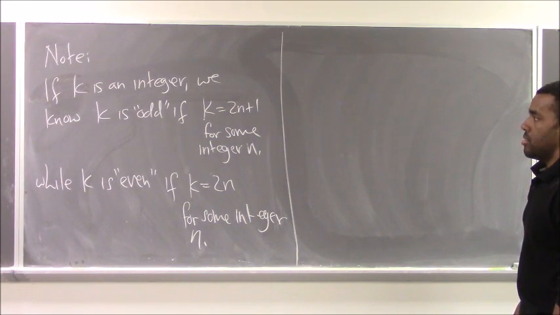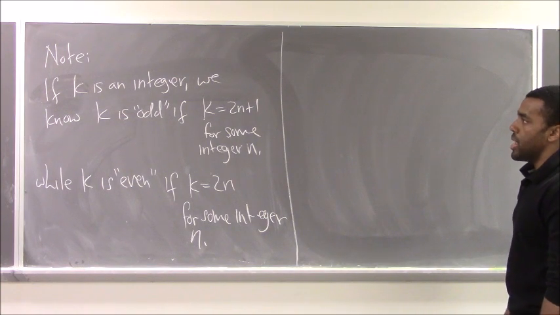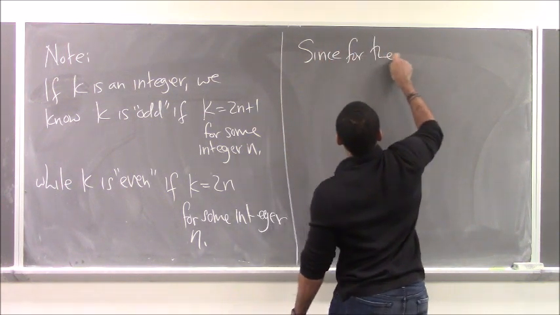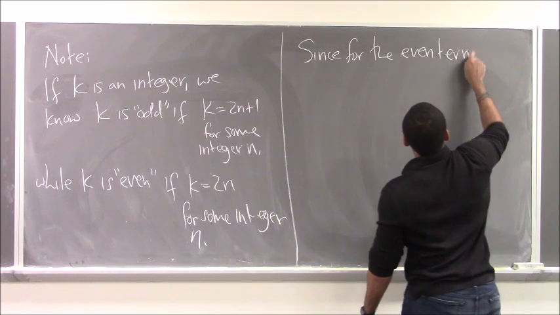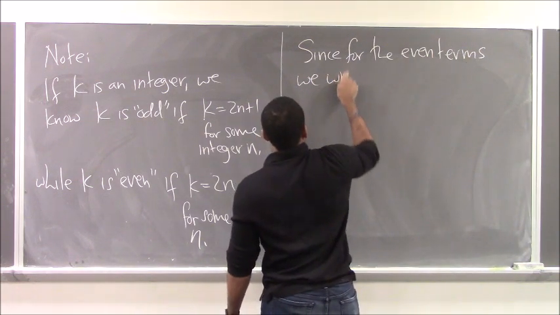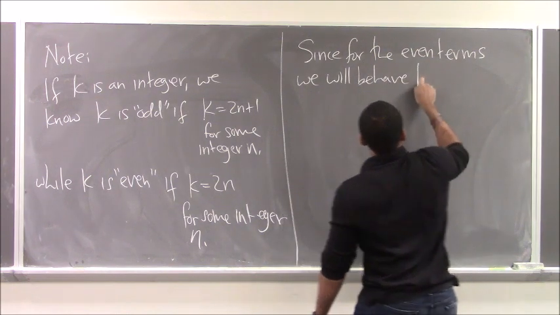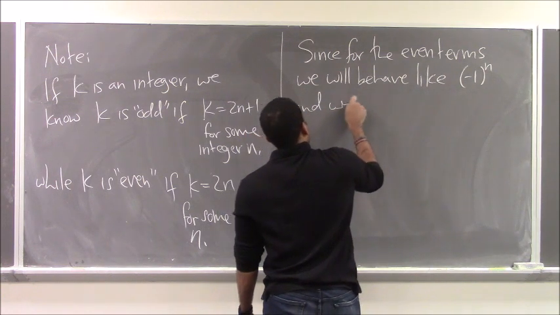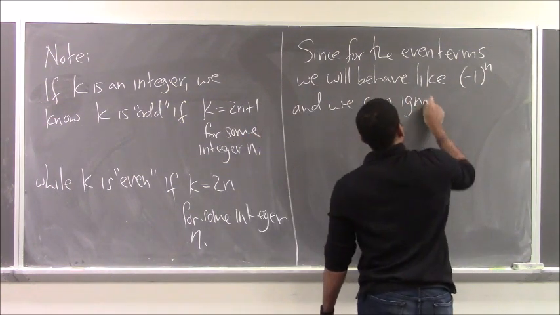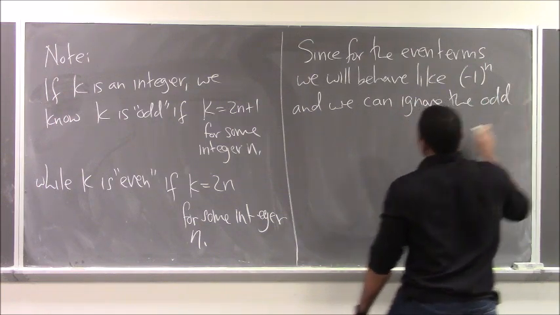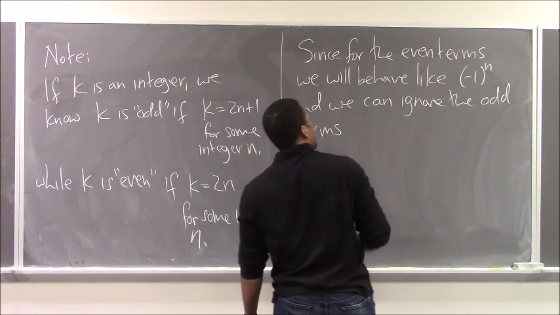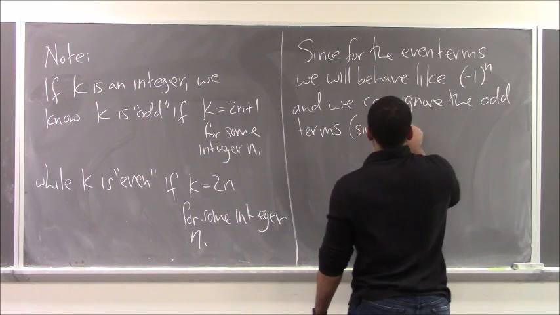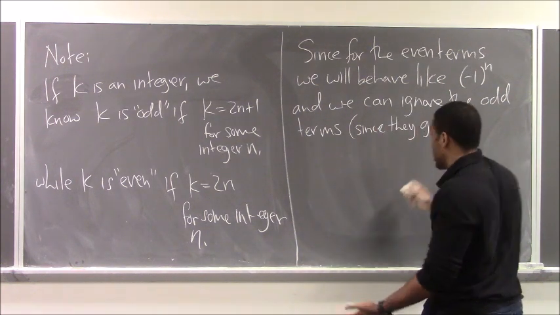For the even terms, we will behave like -1 to the n. And we can ignore the odd terms since they give us 0. And if we're adding zeros, we can just forget about it because we're adding zeros.